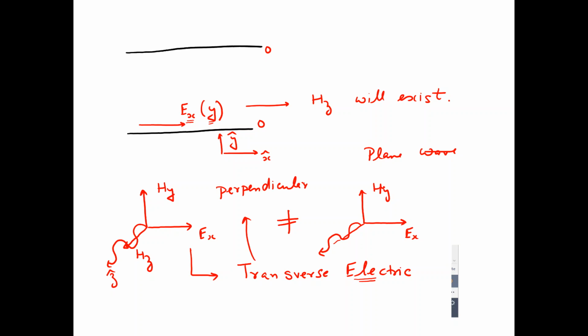Basically, what this means is that for this wave, the electric field is transverse, but the magnetic field has a longitudinal component. This is the longitudinal component, along the length, that's the propagation length.